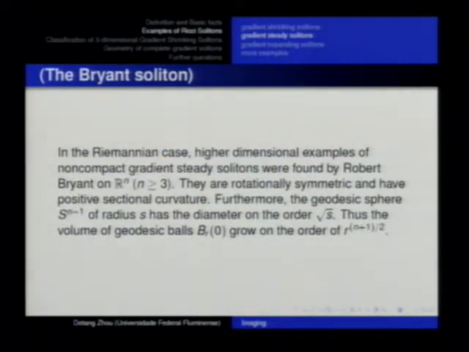And also for the higher dimensional case, Robert Bryant classified all the rotationally symmetric steady solitons. They have volume growth like this, and the diameter is like this.